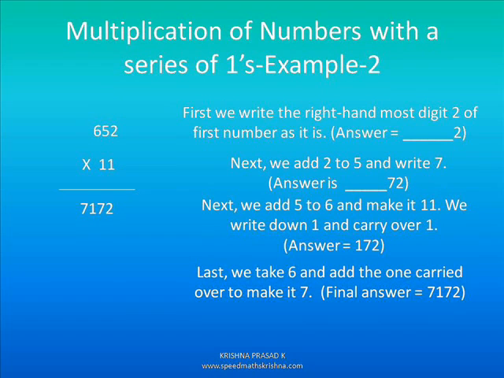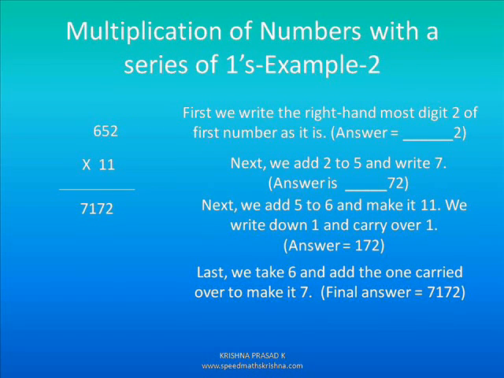Next we add 5 to 6 and make it 11. We write down 1 and carry over 1. Last we take 6 and add the 1 carried over to make it 7. The final answer is 7194.